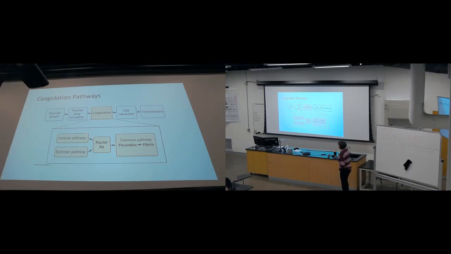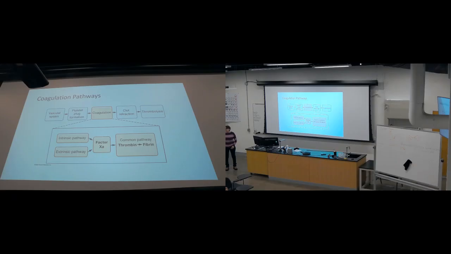No matter if you activate intrinsic or extrinsic pathway, they in common activate factor 10. And then factor 10 is going to start the common pathway that starts with thrombin and finalizes with the formation of fibrin. Fibrin forms from a precursor that we know as fibrinogen, and this fibrinogen is a series of little strands that become a large strand once it becomes activated.